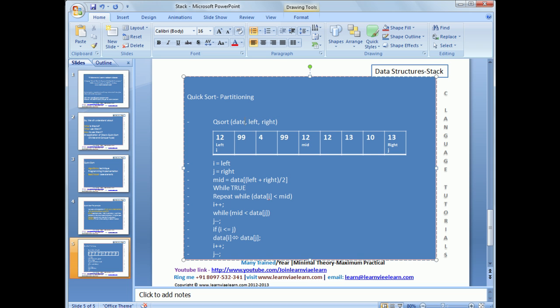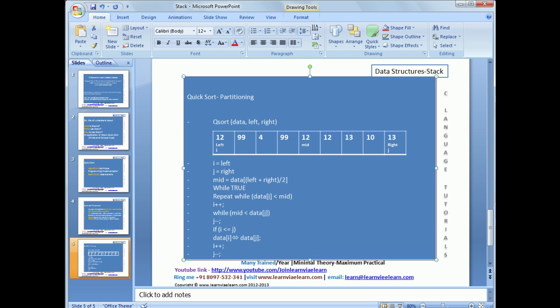Number one is data. Data is the array we are going to take, and left and right are the lower and upper limits of that array. Left is pointing to 12 and right is pointing to 13. These are the lower and upper bounds of this array, and then we will move towards our pivot element.